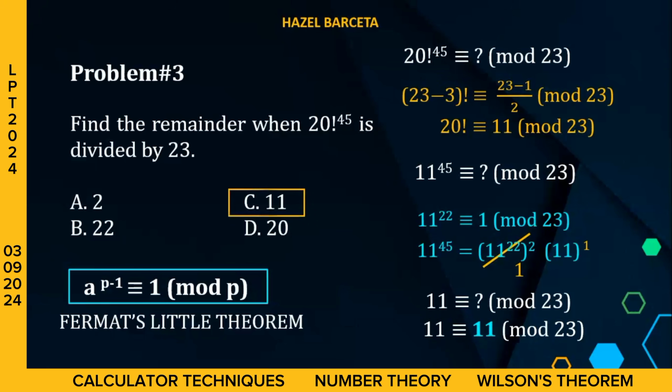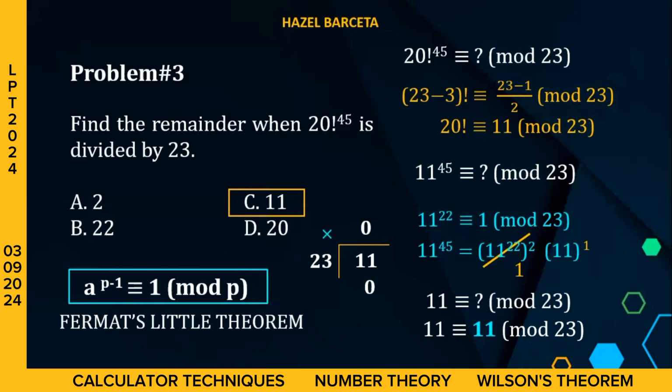Paano po yun? Bakit naging 11? So, ito po, pakita po natin. We have 11 divided by 23, right? 11 mod 23. Ilang 23 po ang meron sa 11? Wala, dahil mas maliit si 11 kaysa kay 23. So, 0 times 23, we have 0.